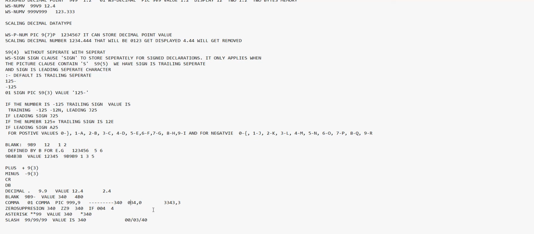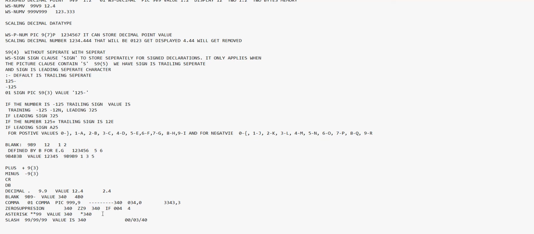Okay, got it. And we have zero suppression. What is zero suppression? How do we mention zero suppression? Z Z Z, however many Z's we mention, that many zeros it will consider. For example, we have picture class ZZ9, and the value I am storing is 340.